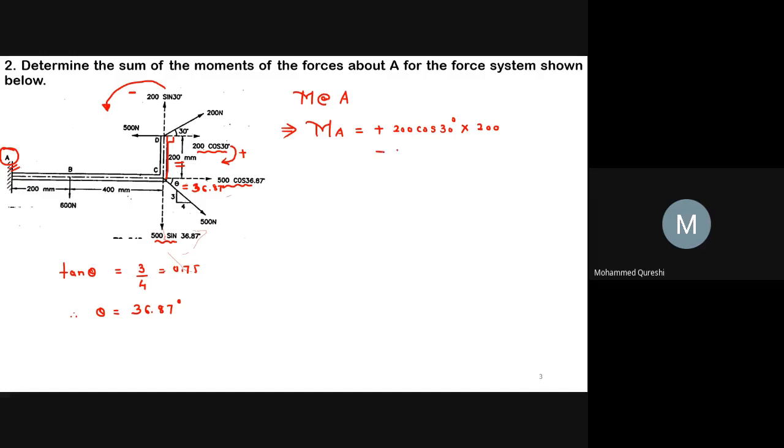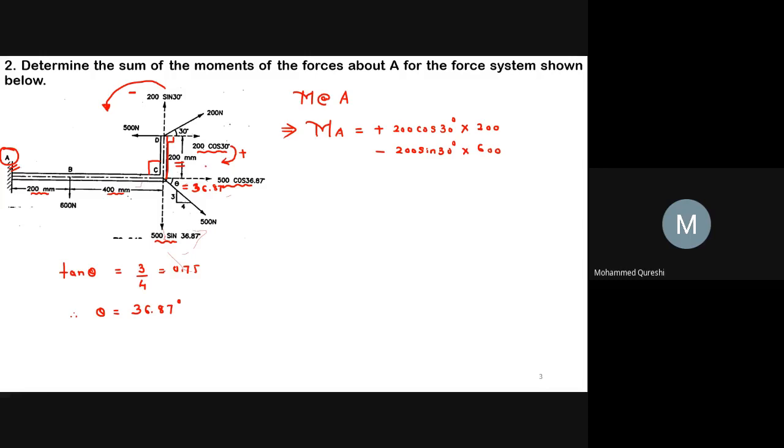So I will write here minus 200 sine 30 degree into the perpendicular distance of this force with respect to point A over here. So this distance will be 400 plus 200, that is 600. So minus 200 sine 30 into 600. Now this 200 Newton force making an angle 30 degree is resolved from our side.